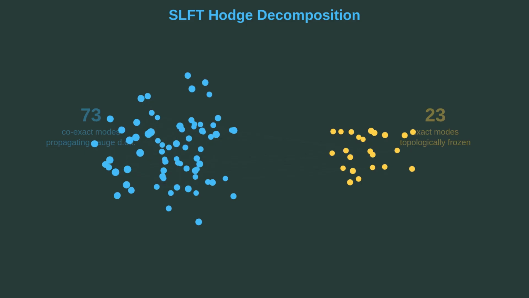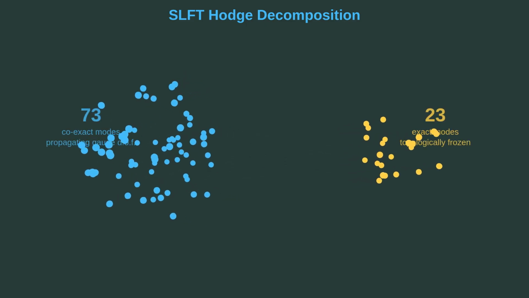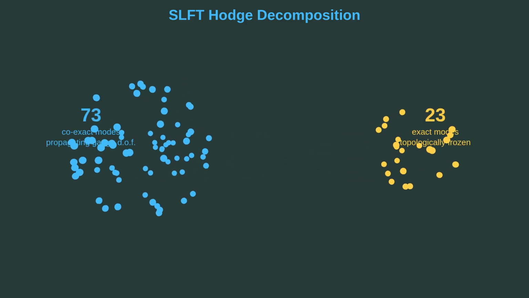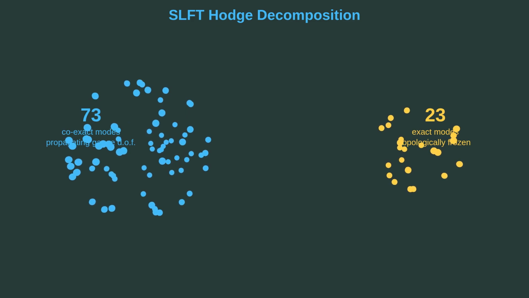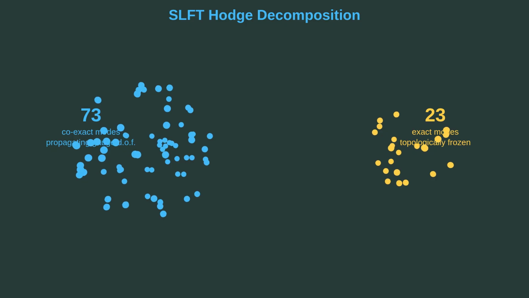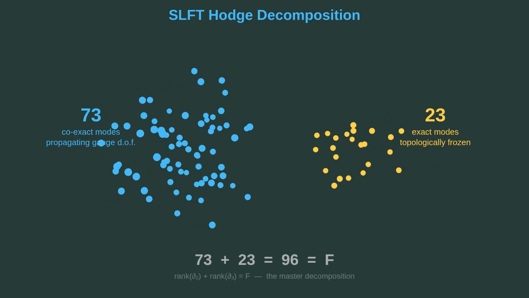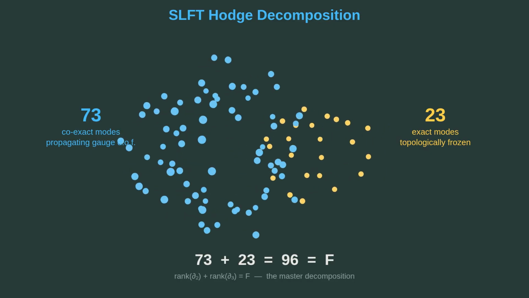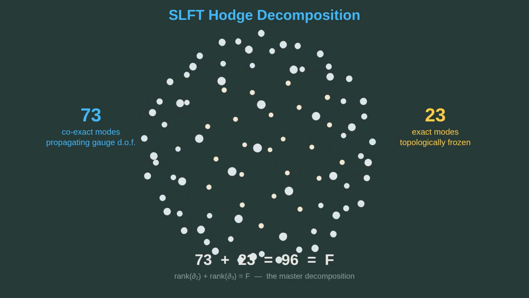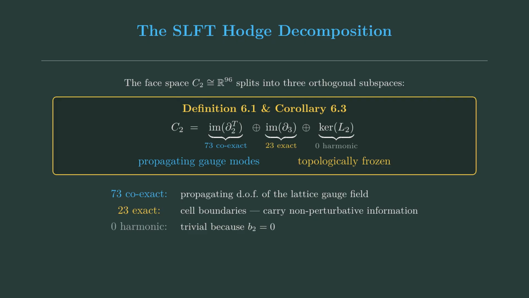The central structural result: the 96-dimensional face space splits into 3 orthogonal subspaces. 73 coexact modes, the image of the transpose of delta 2, are the propagating degrees of freedom of the lattice gauge field. 23 exact modes, the image of delta 3, are topologically frozen.